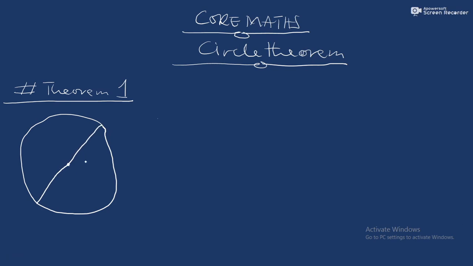Now the theorem states that if this diameter forms any angle at the circumference, that angle at the circumference is 90 degrees. So the measure of the angle that will be formed at the circumference of a circle by a diameter is 90 degrees.